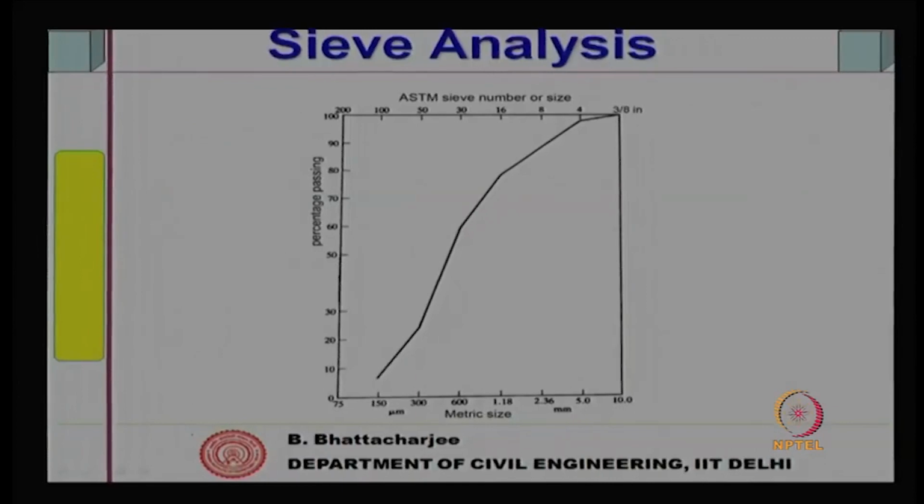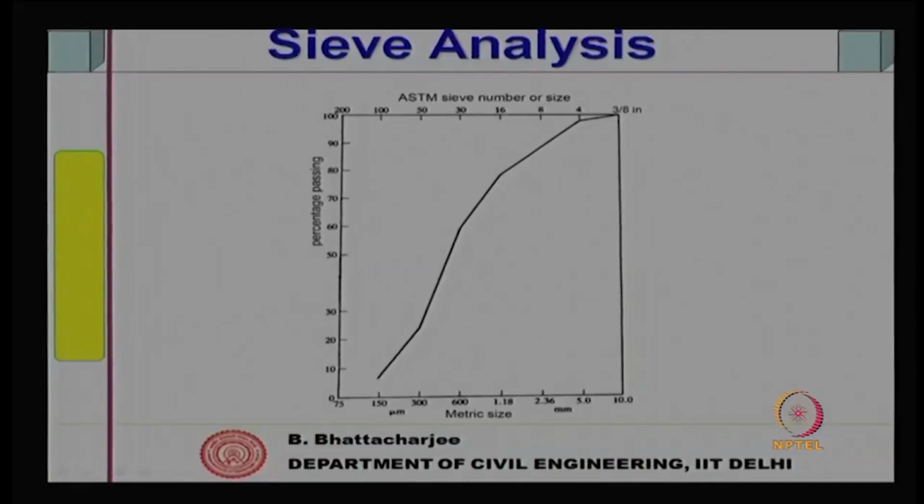So, we do sieve analysis, as I said earlier, to find out the grading, and this is a typical sieve analysis result. What it shows is percentage passing versus size: 175 micron, 150, 300, 600, up to 10 mm size. 100% is passing along 10 mm and so on.